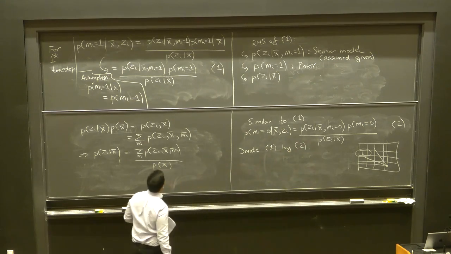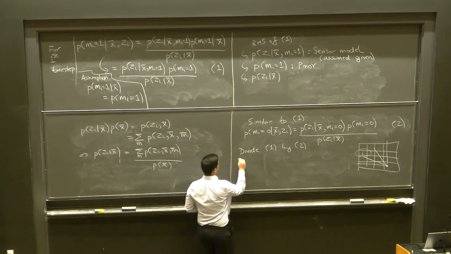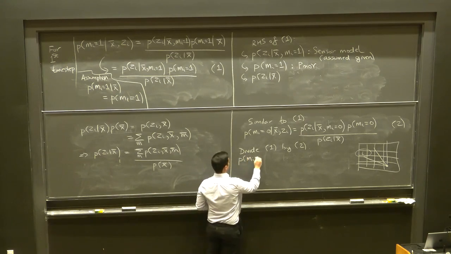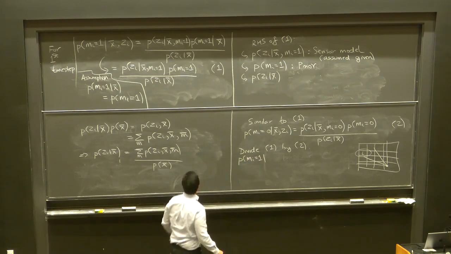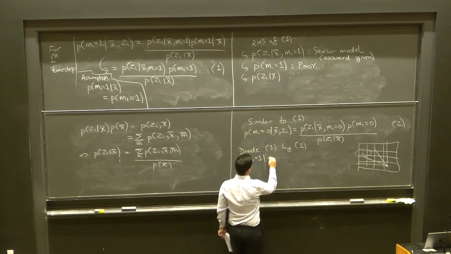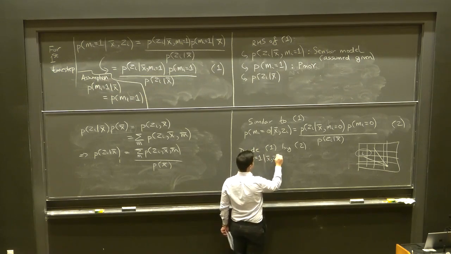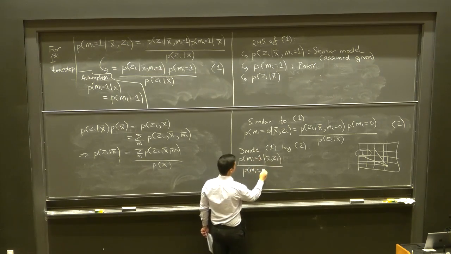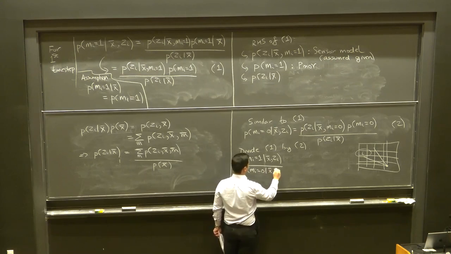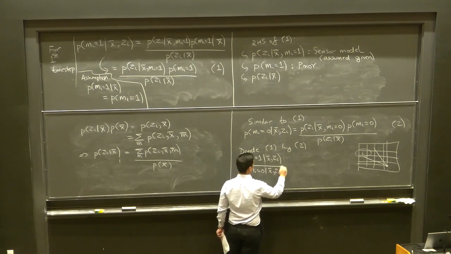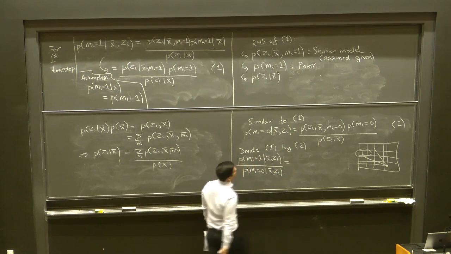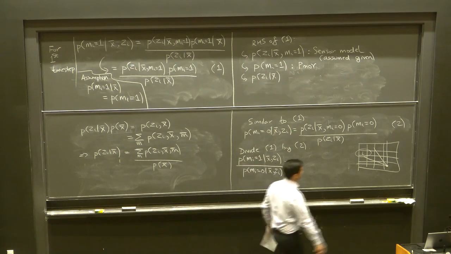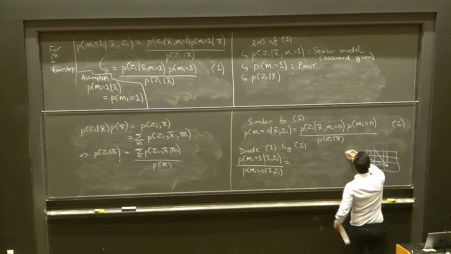On the left-hand side, we have P of mi equal to 1 given x and Zi, over P of mi equal to 0 given x and Zi.